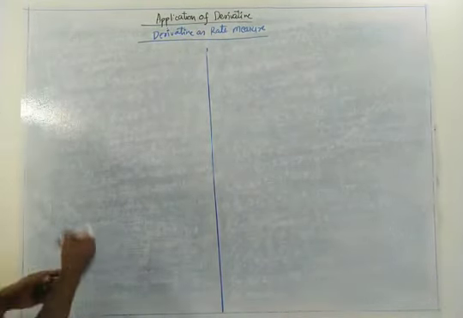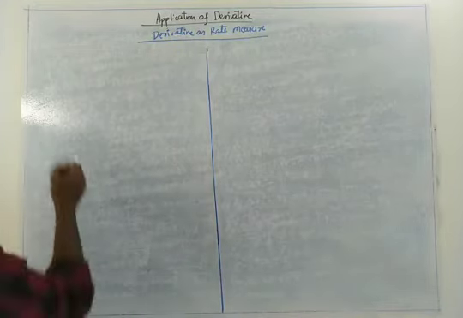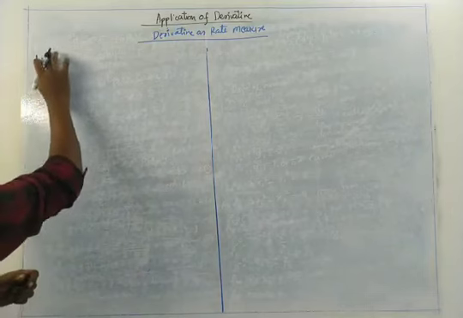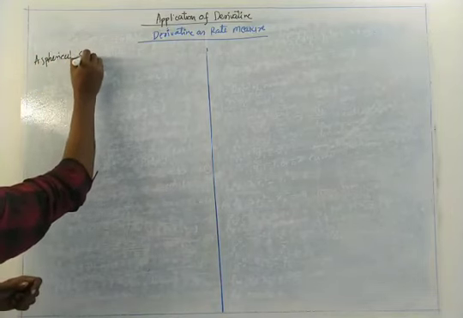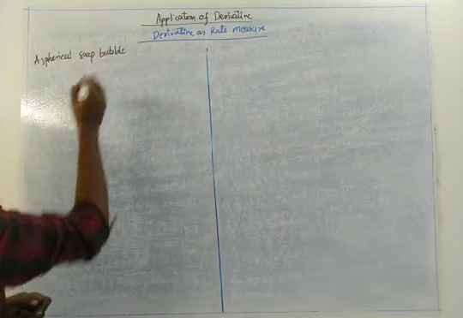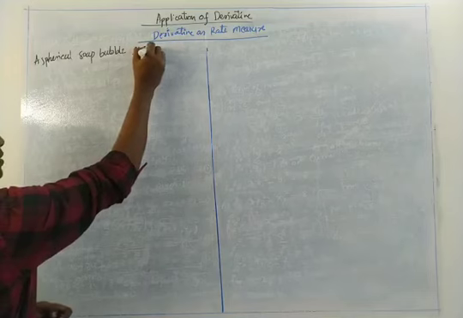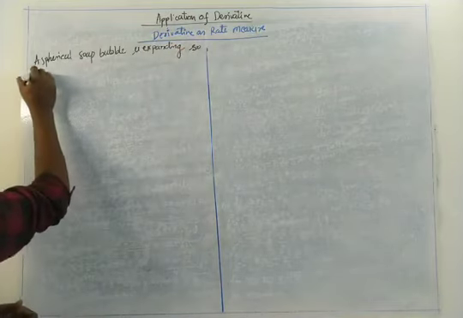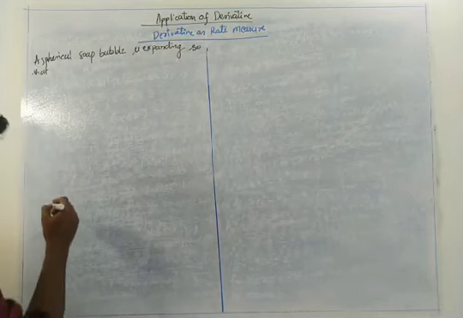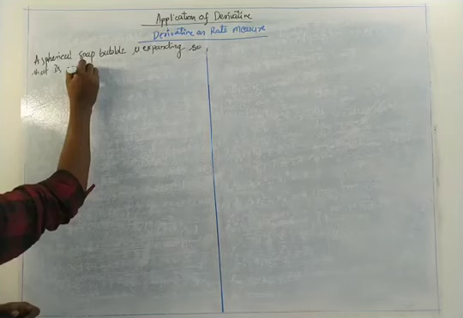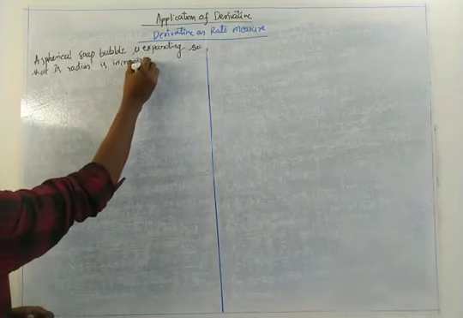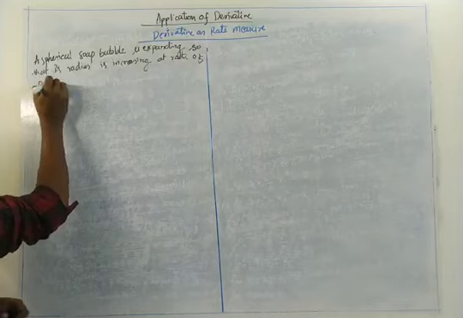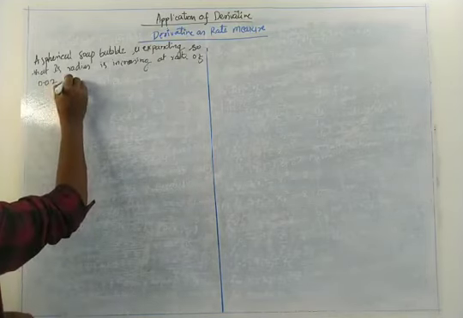First question is, a spherical soap bubble is expanding so that its radius is increasing at the rate of 0.02 centimeter per second.